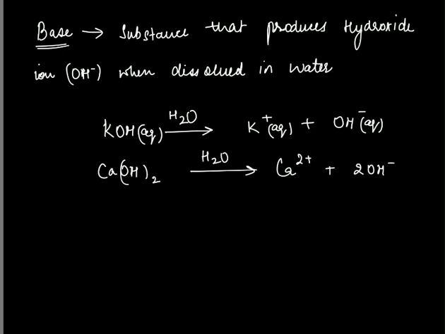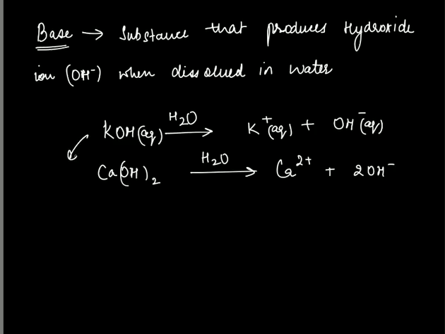Then we do have something called common names when it comes to bases. This potassium hydroxide is commonly called caustic potash. Caustic stands for base. Sodium hydroxide is called caustic soda.